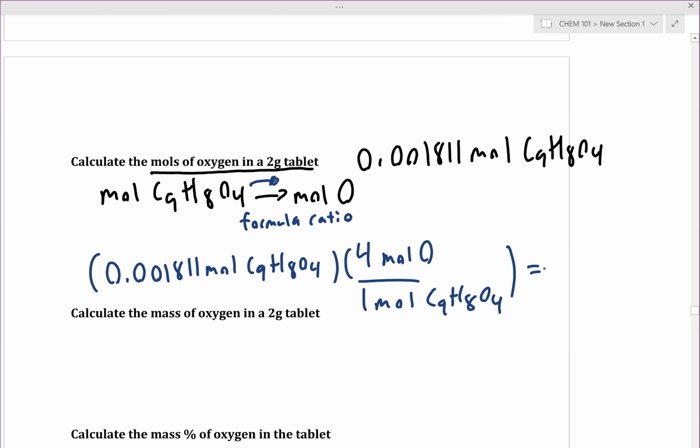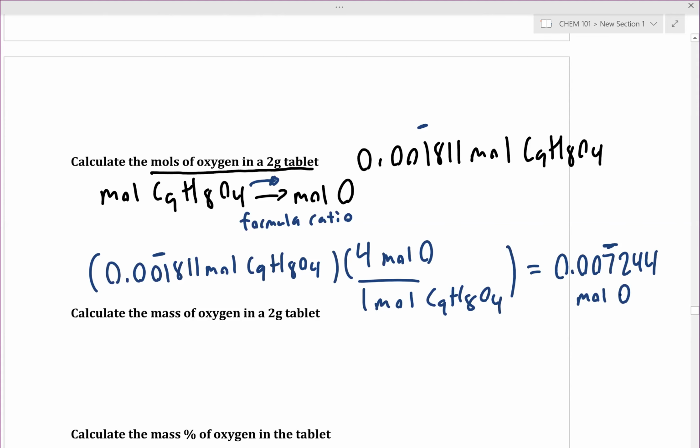And we can do that in our calculator pretty quickly. So we have 0.001811 times 4, and that in turn gives us 0.007244. We'll use a bar just to note we're only allowed to carry over 1 sig fig. So this is moles of oxygen.